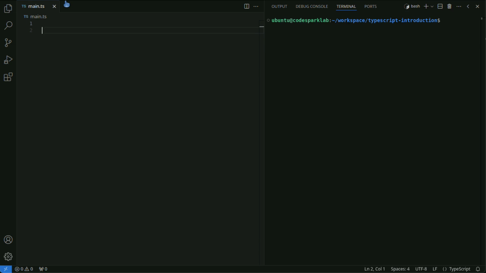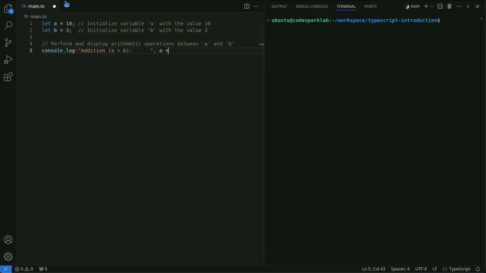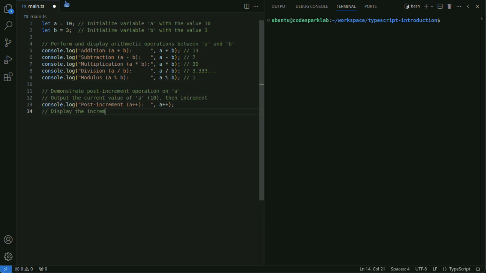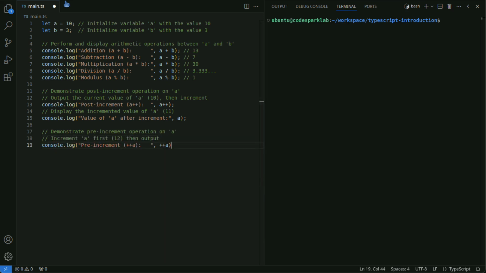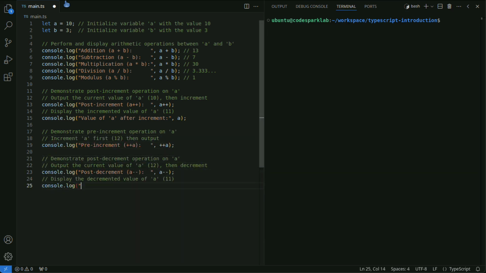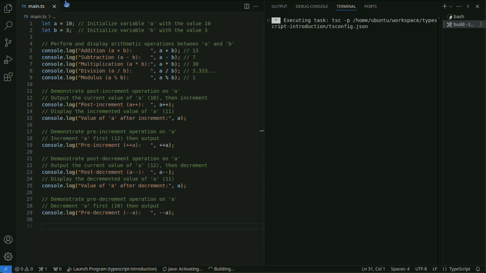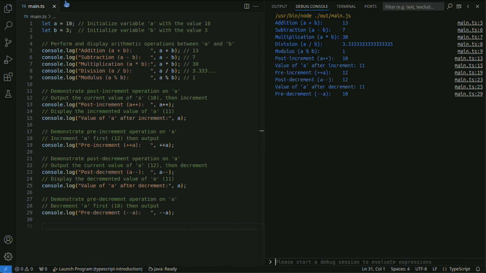Arithmetic operators are used for numerical calculations. Assignment operators assign the value on the right to the variable on the left.